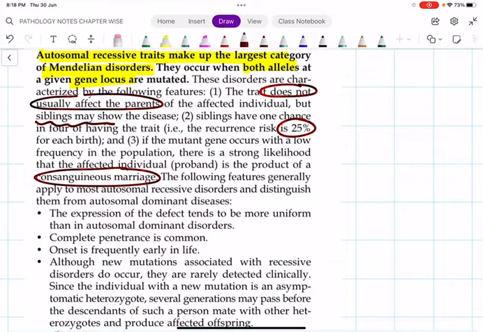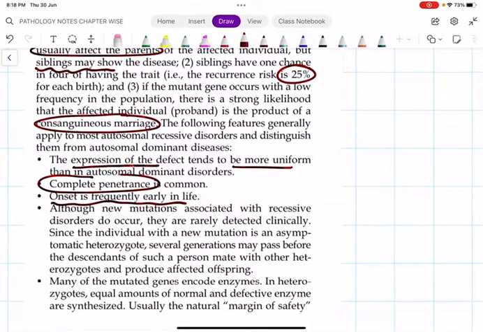What are the differences between autosomal dominant and autosomal recessive? Expression is more uniform, with complete penetrance, and onset in early stages of life.